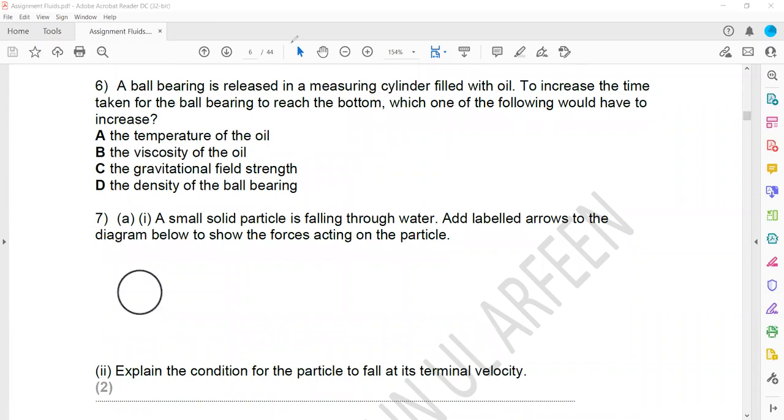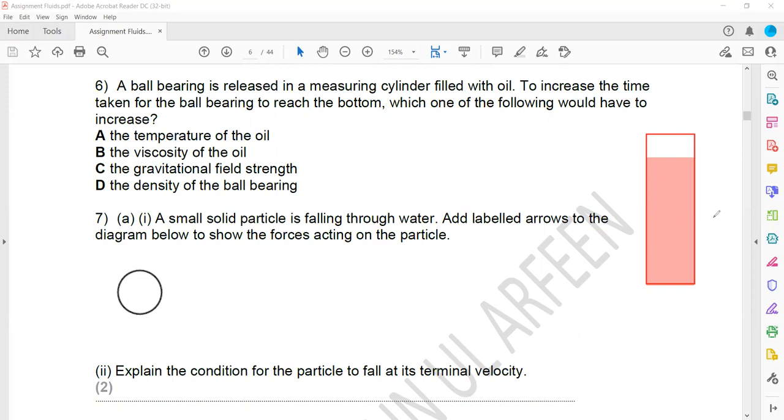A ball bearing is released into a measuring cylinder with oil. So there's a ball bearing which is released in a measuring cylinder which is filled with oil to increase the time.